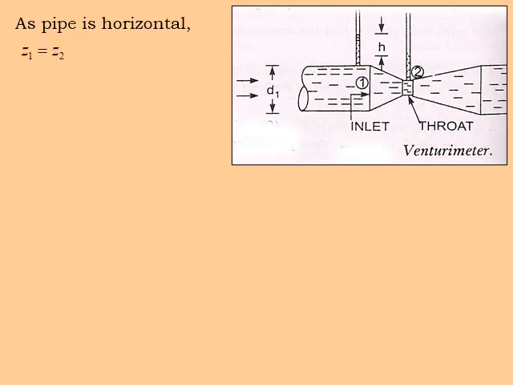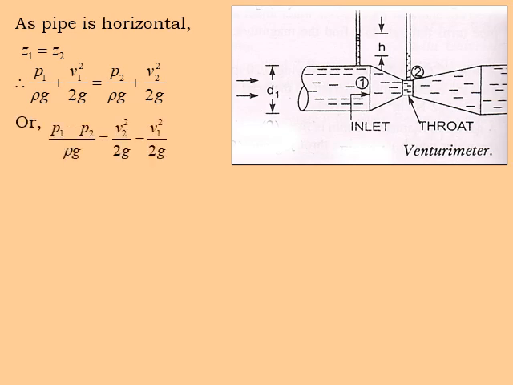As the pipe is horizontal, the potential head at inlet as well as outlet is constant, that is Z1 equals Z2. Now Bernoulli's equation becomes P1 by rho g plus V1 square by 2g equals P2 by rho g plus V2 square by 2g.